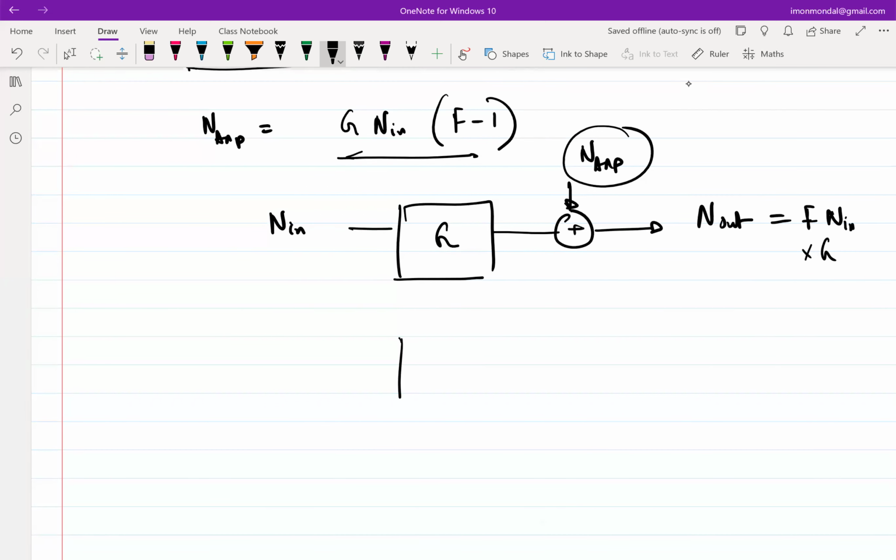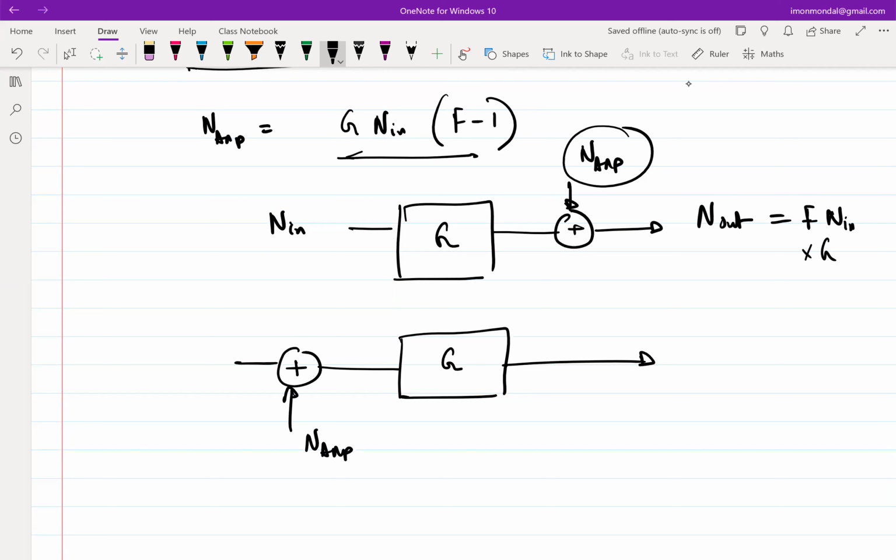So now if N amp is given to you like this, and I want to refer everything back to the input in this model, and I would like to see that this is N amp input referred. Your N in is coming here. Your output will be whatever it is. Then what will this N amp be?